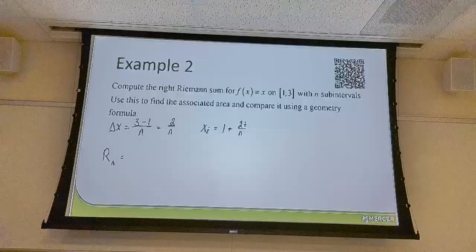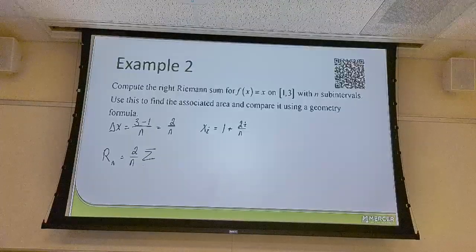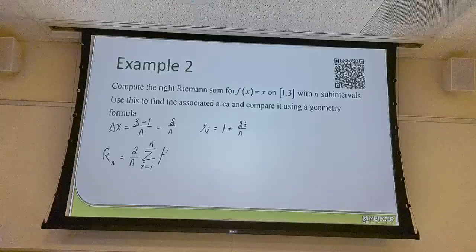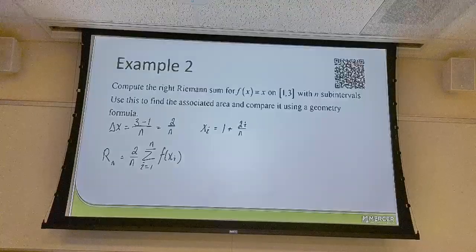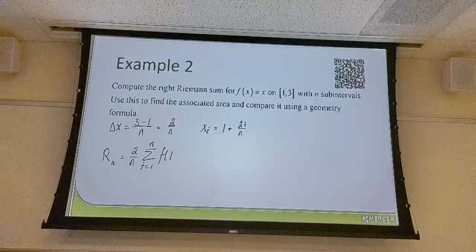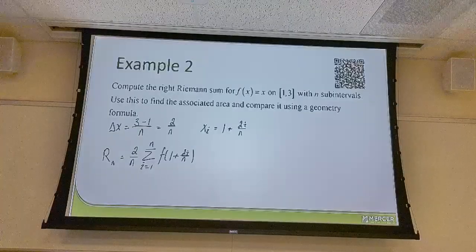R sub n equals delta x, summation, i equals 1 to n, f of x sub i. Oh, but x sub i was that. And what's f of x?